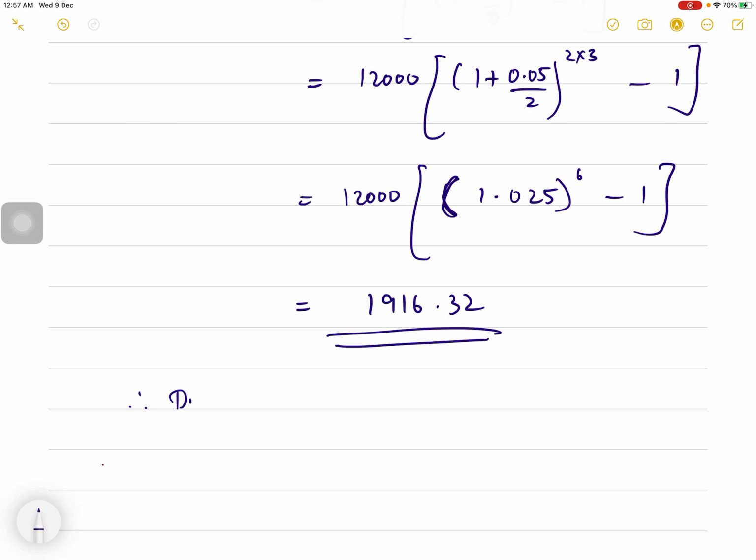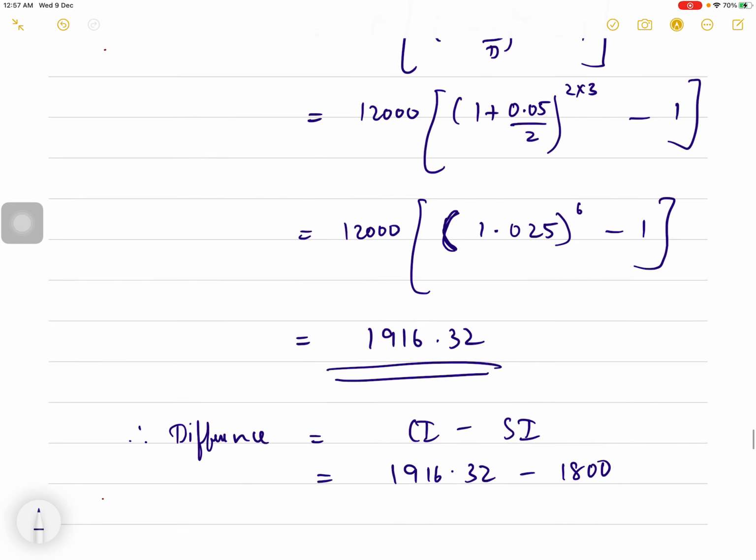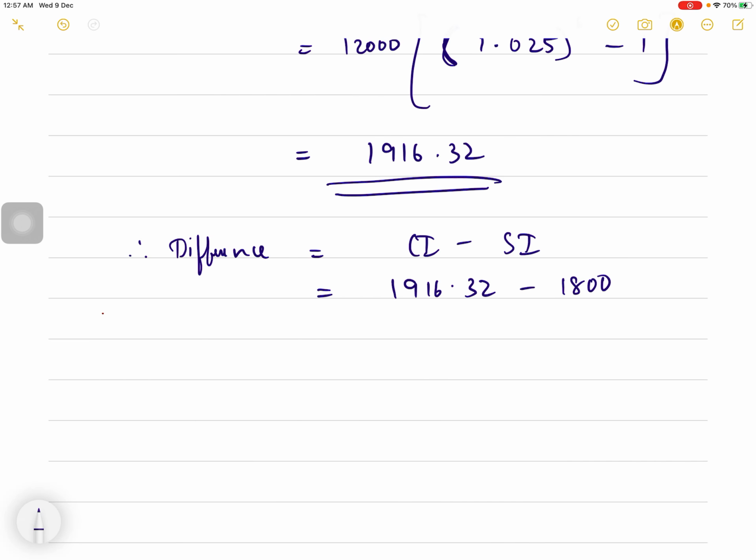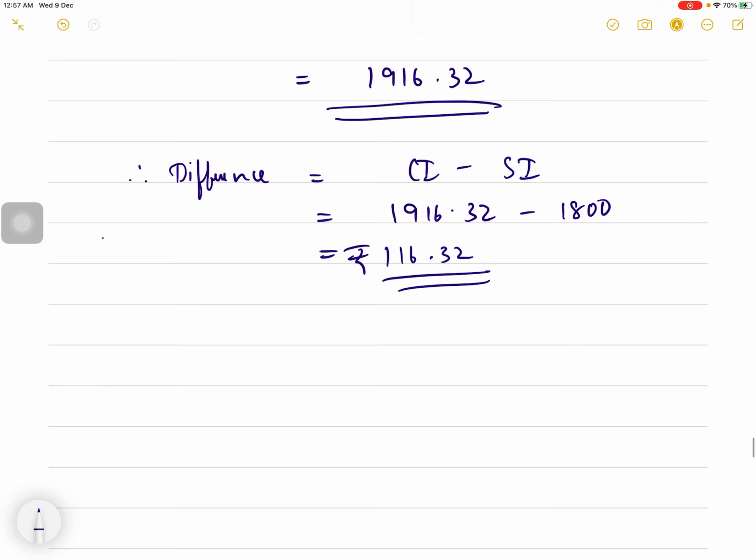So difference is compound interest minus simple interest. Compound interest is 1916.32 minus 1,800. Compound interest will always be higher, right? 116.32. So difference is 116.32.